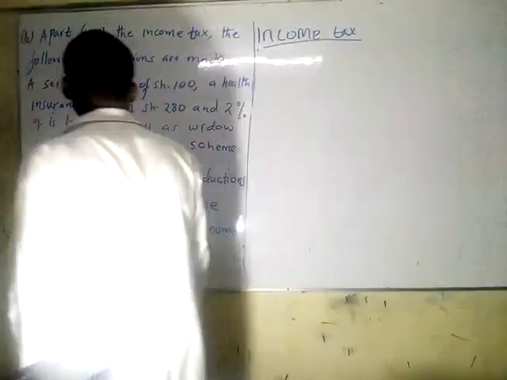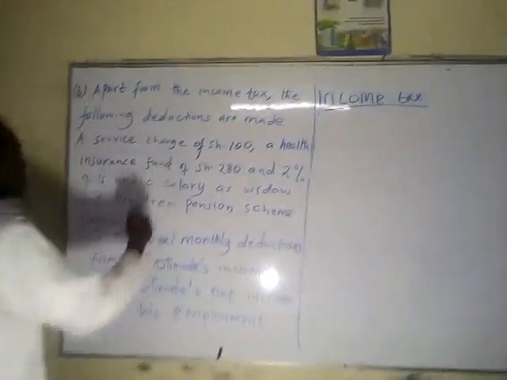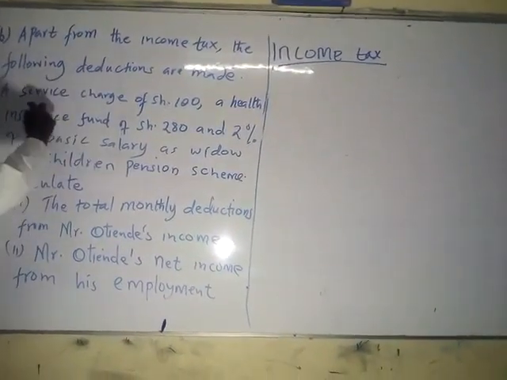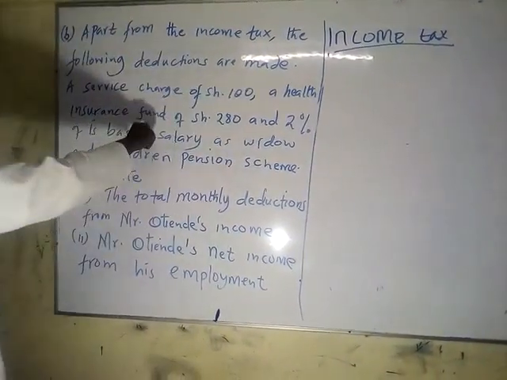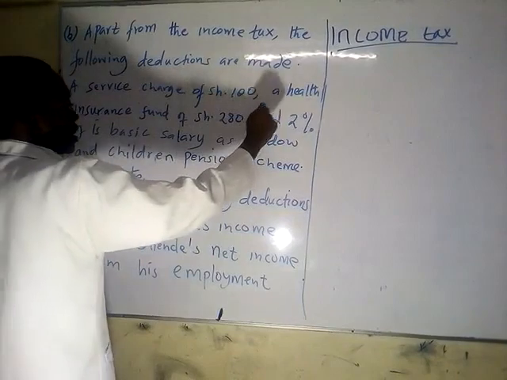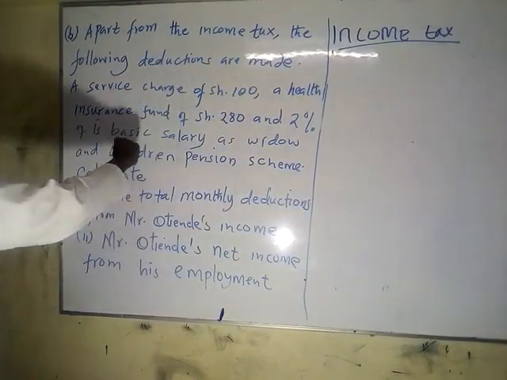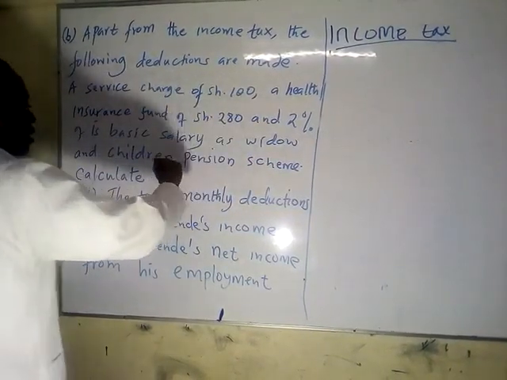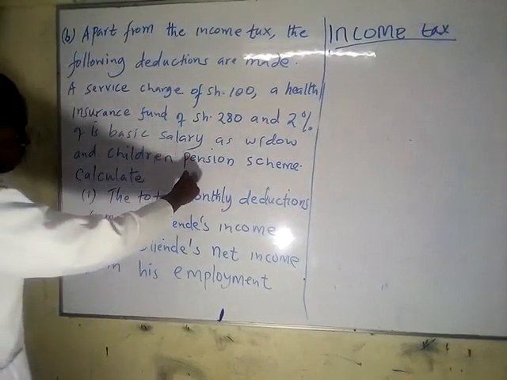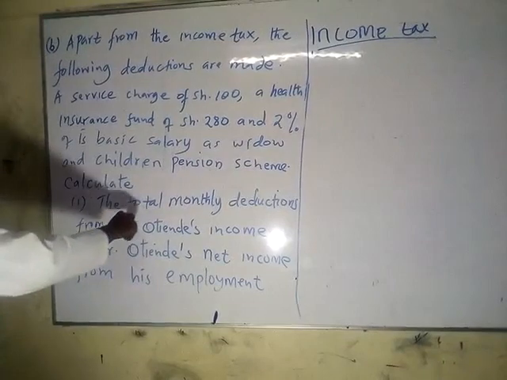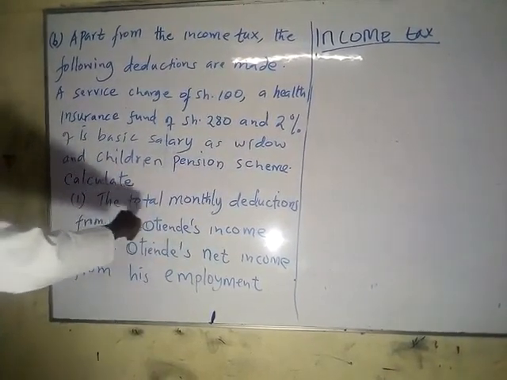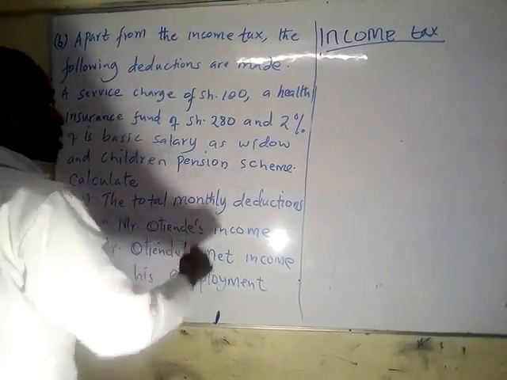Our part B says that apart from the income tax, the following deductions are made: a service charge of shillings 100, a health insurance fund of shillings 280, and 2% of his basic salary as a widow and children pension scheme. Calculate the total monthly deduction from Mr. Otiende's income.